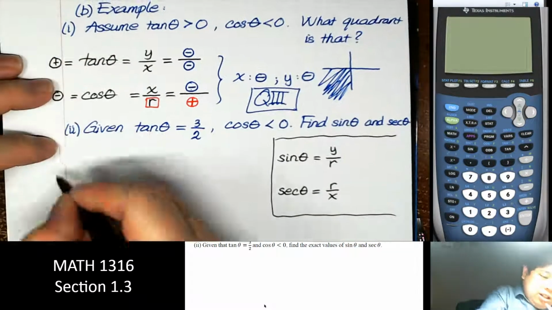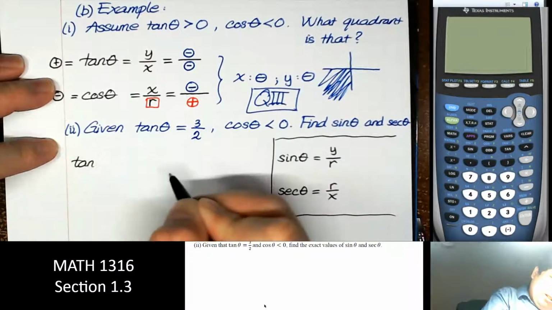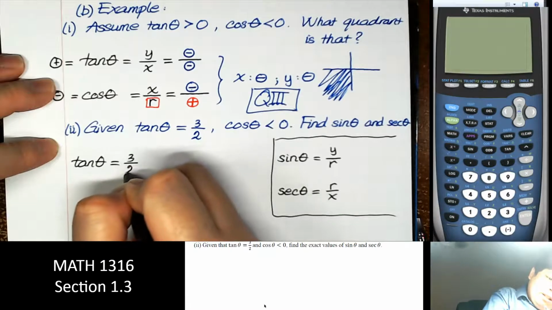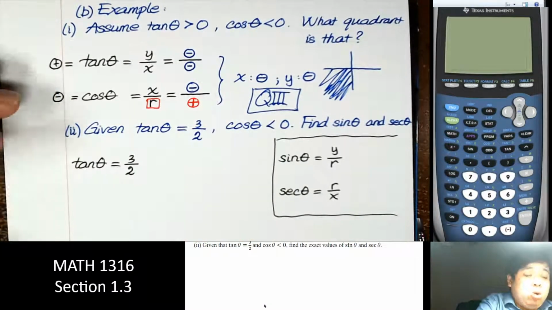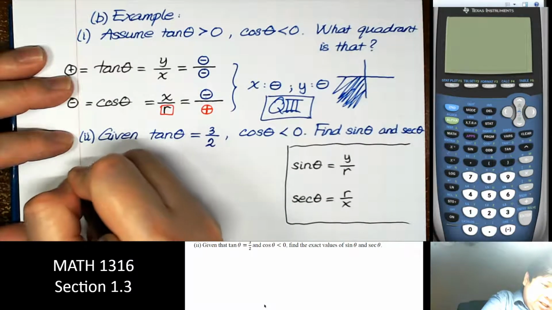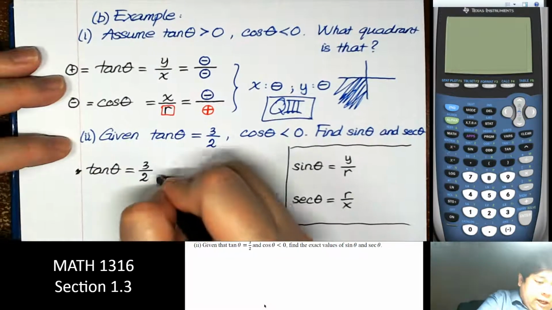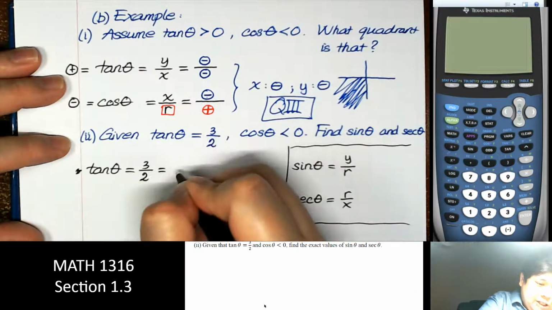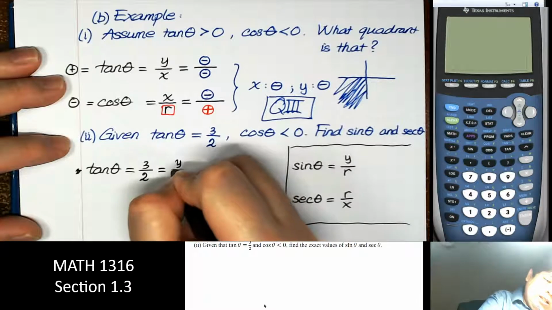Let's write down tangent. That's what we have, right? Now, tangent is also equal to y over x.